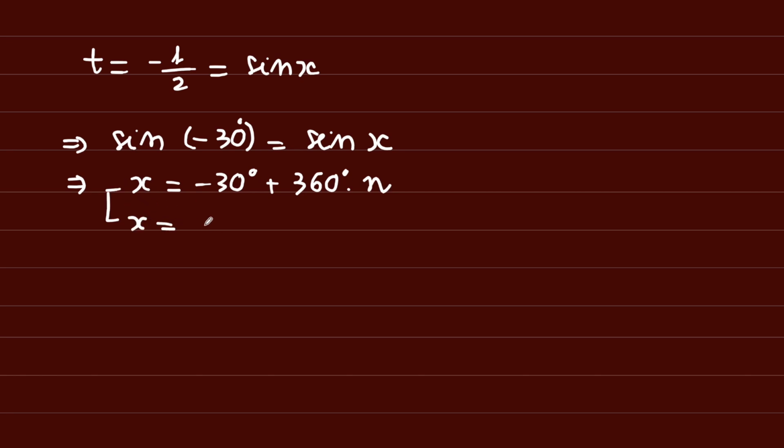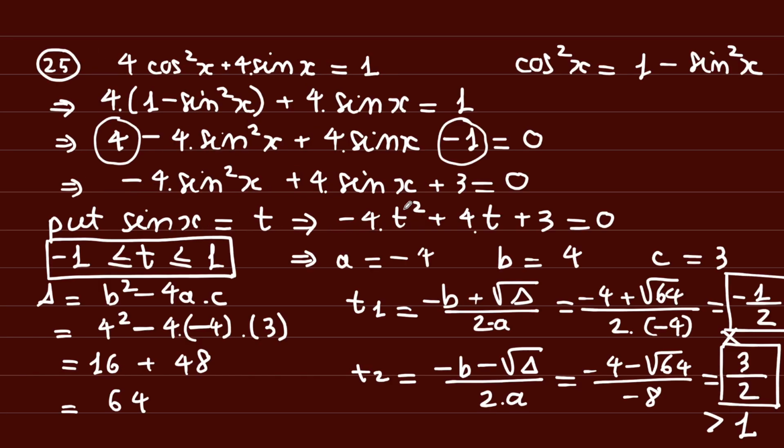And about h, you got the supplementary relationship: 180 minus minus 30 degree equal to 210 degree plus 360 degree multiply n. So we finished question 25.